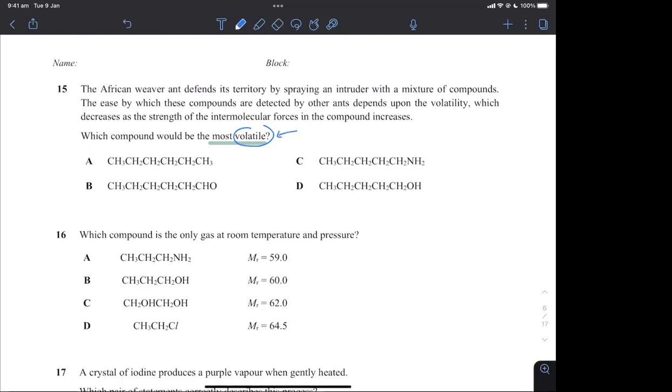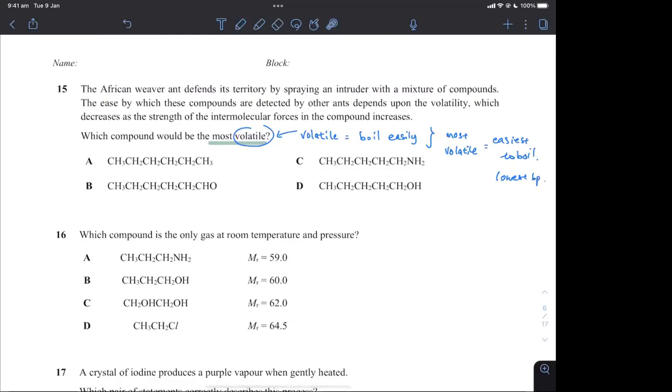Angry is like when you reach your boiling point. So volatile means low boiling point, boils easily. Someone gets angry easily. So the most volatile means the easiest to boil. The easiest to boil means lowest boiling point. So you're looking for something with the lowest boiling point.